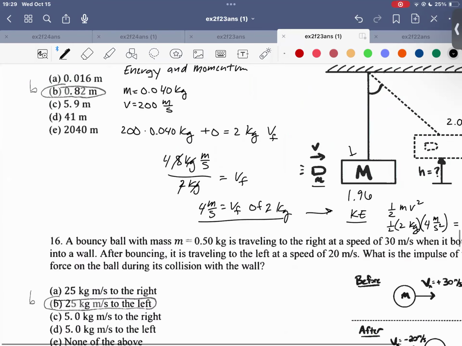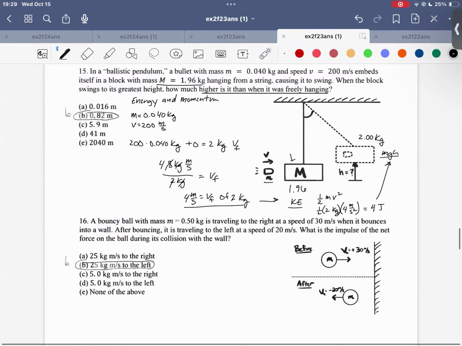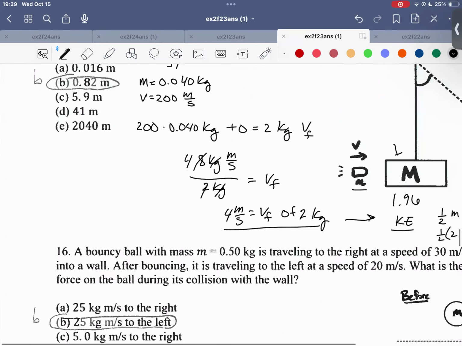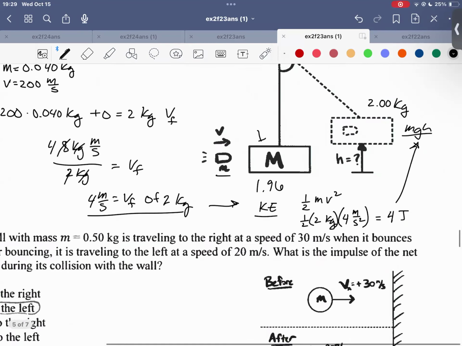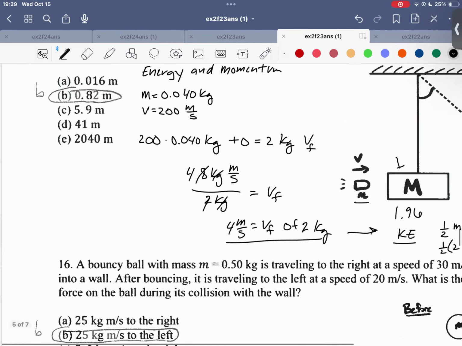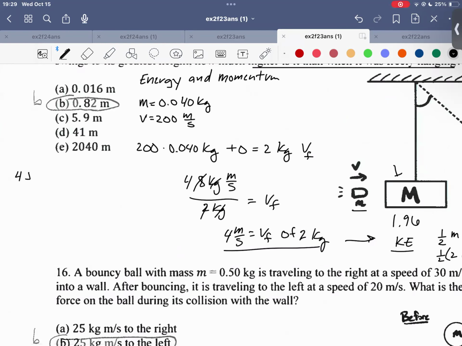So now plugging this in to our potential energy, we know kinetic energy is equal to this potential energy at the top. So we say this 4 joules is equal to mass times gravity times height.